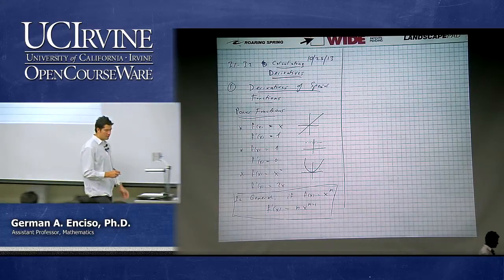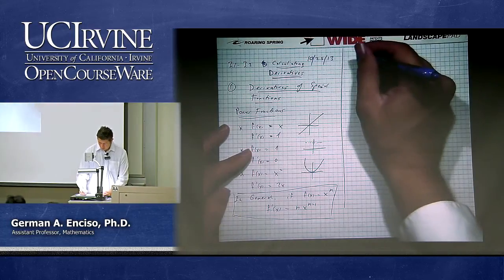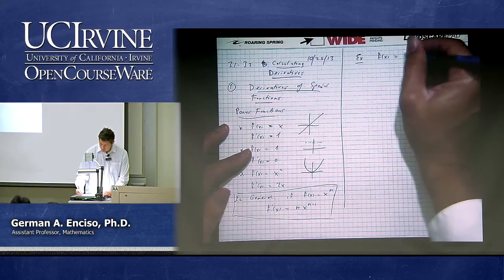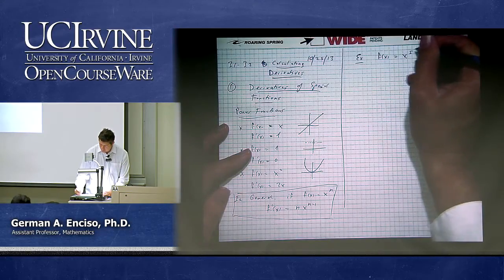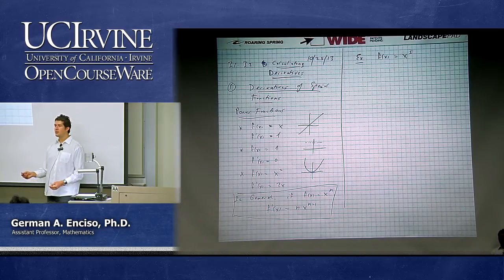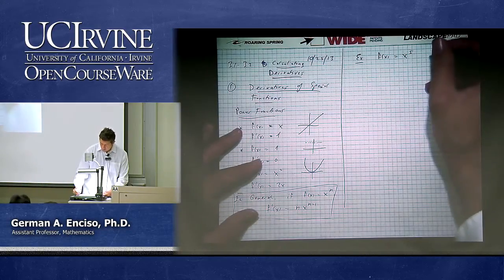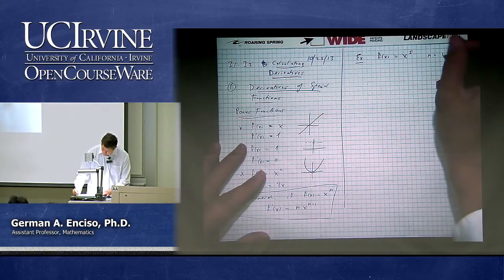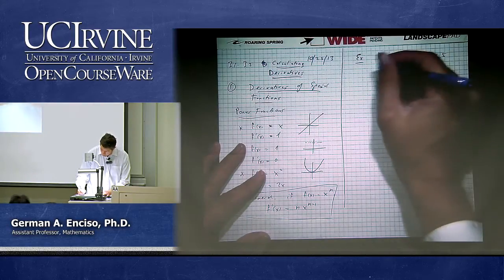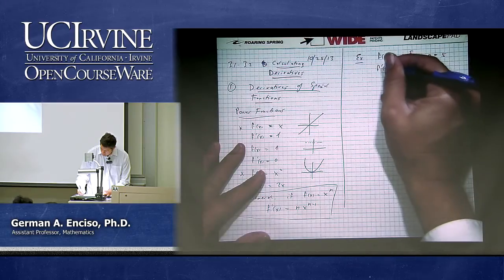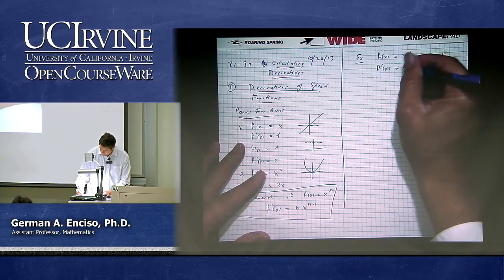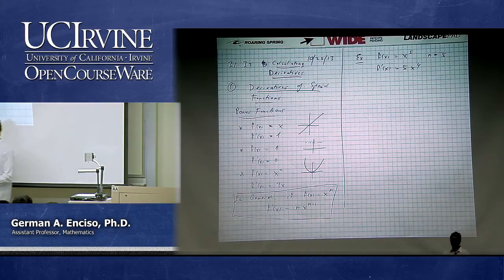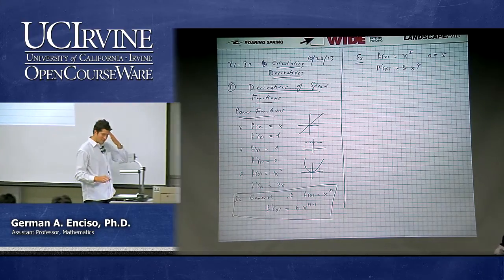So for example, if f of x is equal to x to the 5, then what is the derivative? Well, let's first figure out what is n. 5. N is 5, that's right. So f prime of x is equal to 5x to the 4. Right? Yes. Awesome.